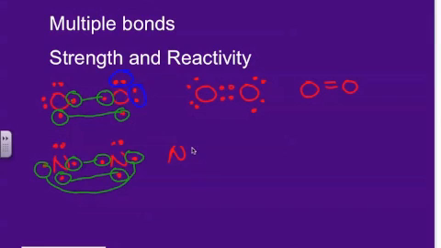So we would put 6 electrons that are being shared. 1, 2, 3, 4, 5, 6 in the center, with only a single pair on each nitrogen not being shared. Again, we can go around, and if we circle the shared with the unshared together, that has 8, and this has 8, which now has a triple bond.